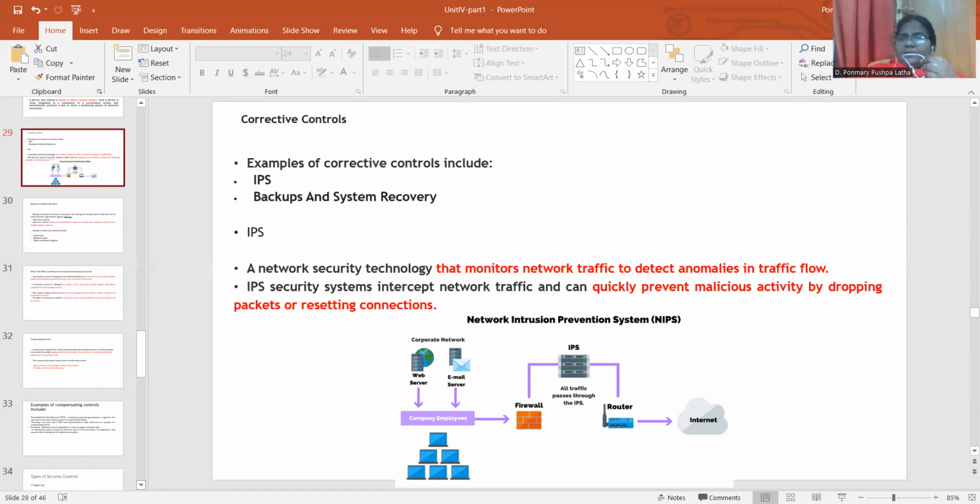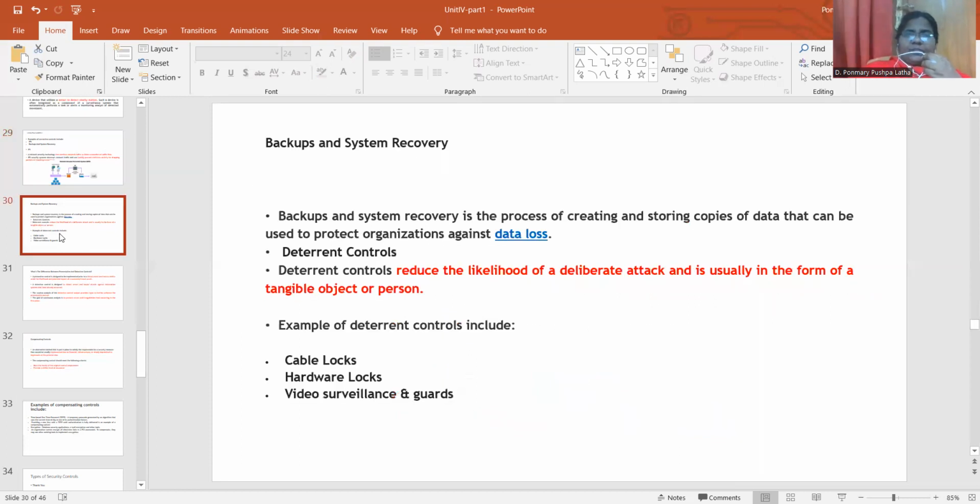All of you know about backup. Whenever we have the original data, you make a copy somewhere else so that when we lose the data, you can recover it.